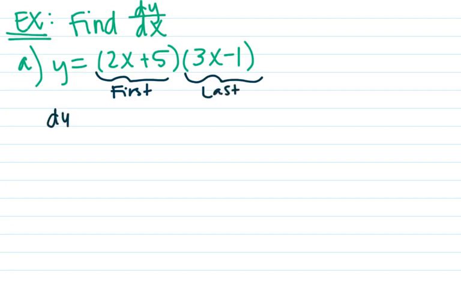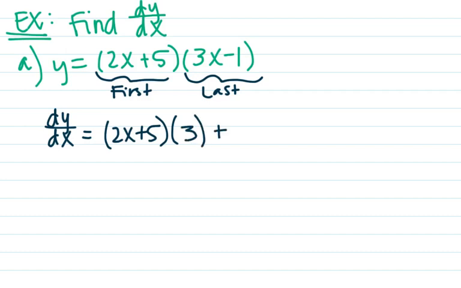So for dy over dx, I do the first function unchanged, so 2x plus 5. So first d last, derivative of the last function. So the derivative of 3x minus 1 would just be a 3 plus 0, or 3, plus last d first. So the derivative of the first would be just a 2 and then a 0, so 2.